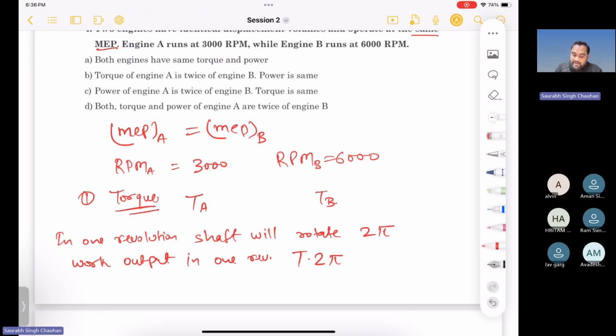It is similar to translational motion. In translation, work is equal to force multiplied by distance. In rotational motion, force is replaced by torque, and distance is replaced by theta.